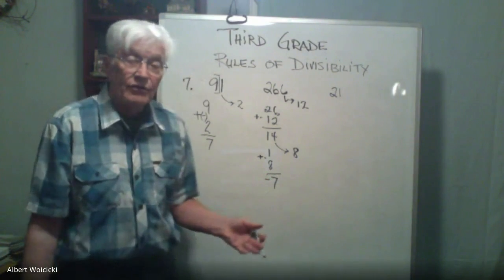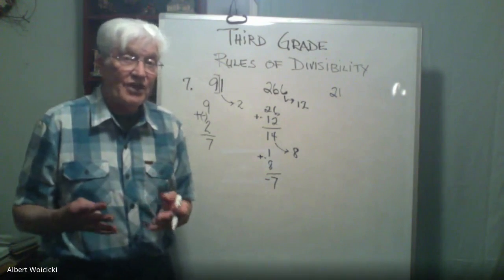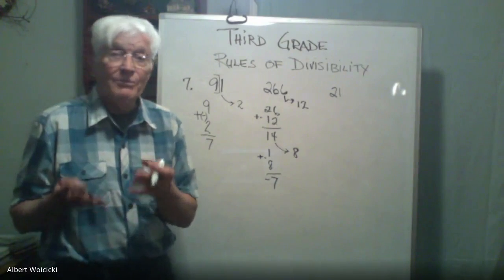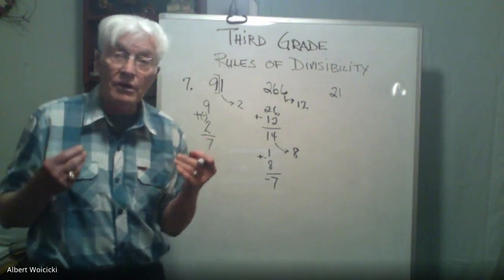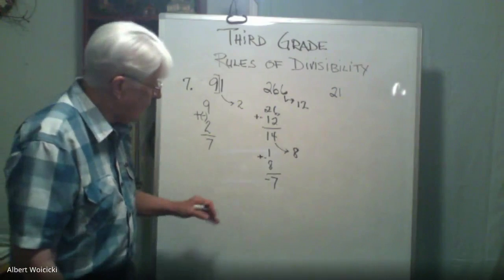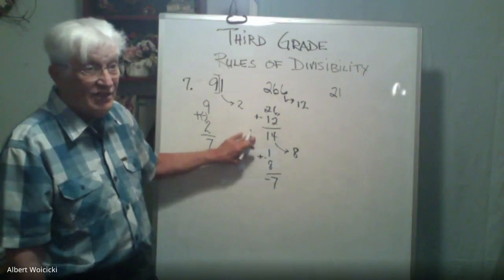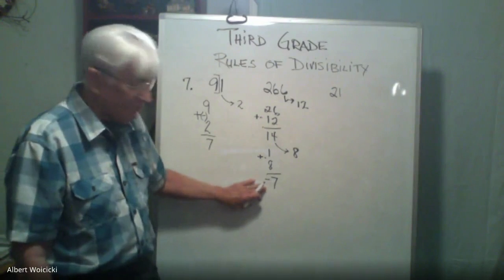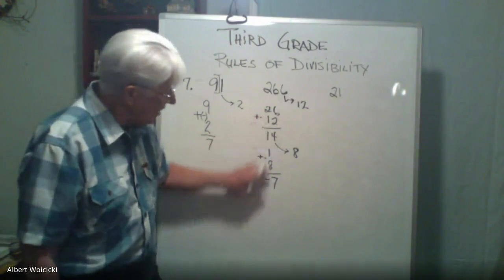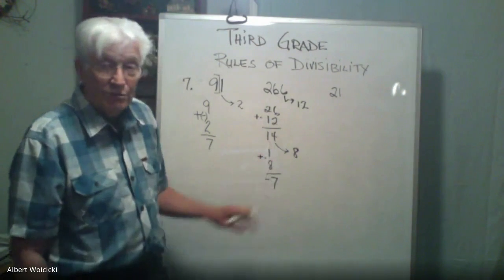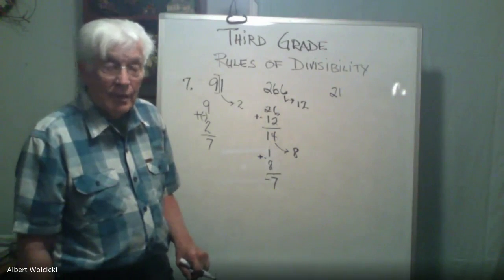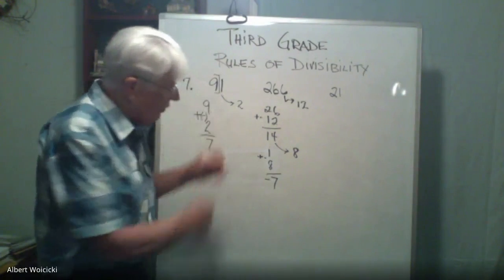Well, -7 is a multiple of 7 because 7 times -1 is -7. So we can stop right here because we know that's a multiple of 7. We don't have to go this far. But if we did, we know that's a multiple of 7. And we know that this works.